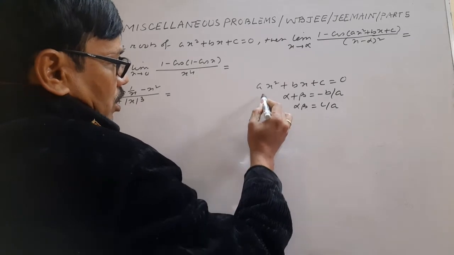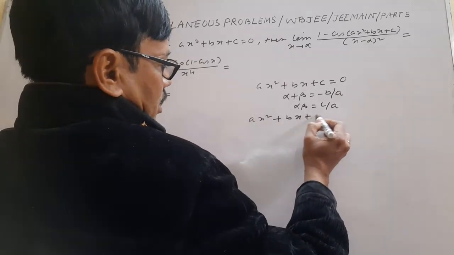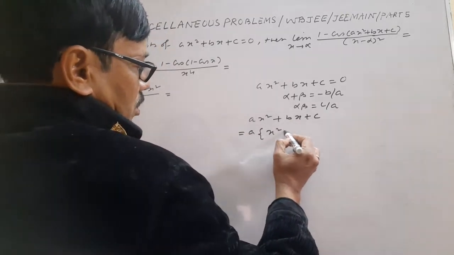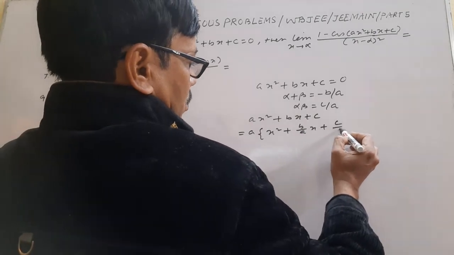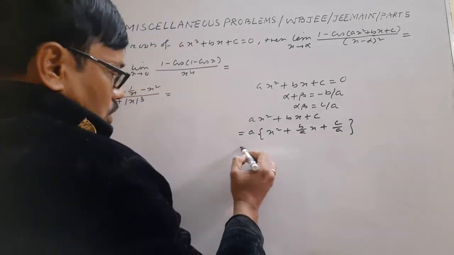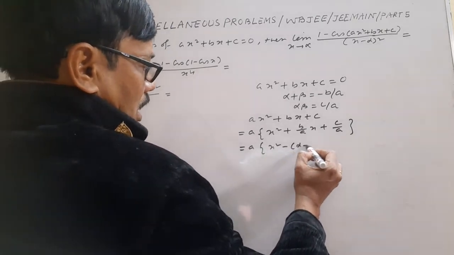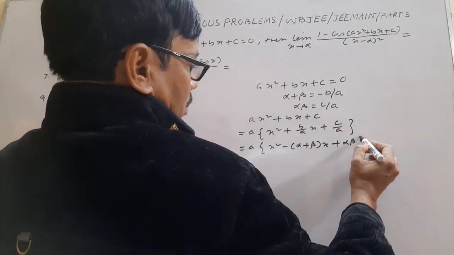So, we know ax square plus bx plus c is equivalent to, look, if we take a common, x square plus b by a into x plus c by a. So, a into x square minus (alpha plus beta) into x plus alpha beta.